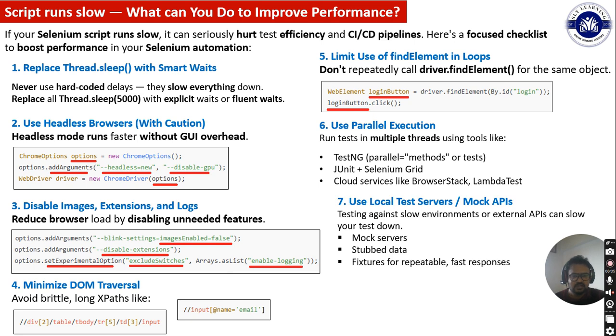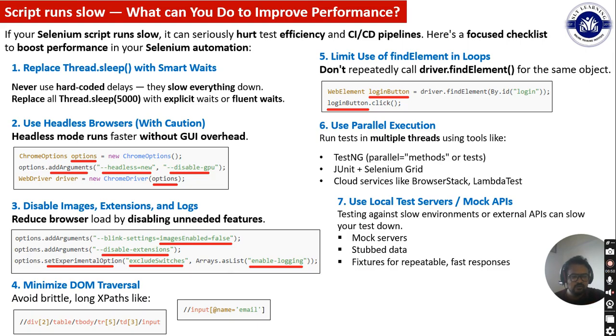Okay guys, then use a local test server and mock API. Sometimes we try to hit the server's URL, right? But sometimes it is good to configure the application on your local machine and do the automation over there. If you configure it on a local machine, to be honest, it will be much better and much faster than trying to hit the URL from a different server.